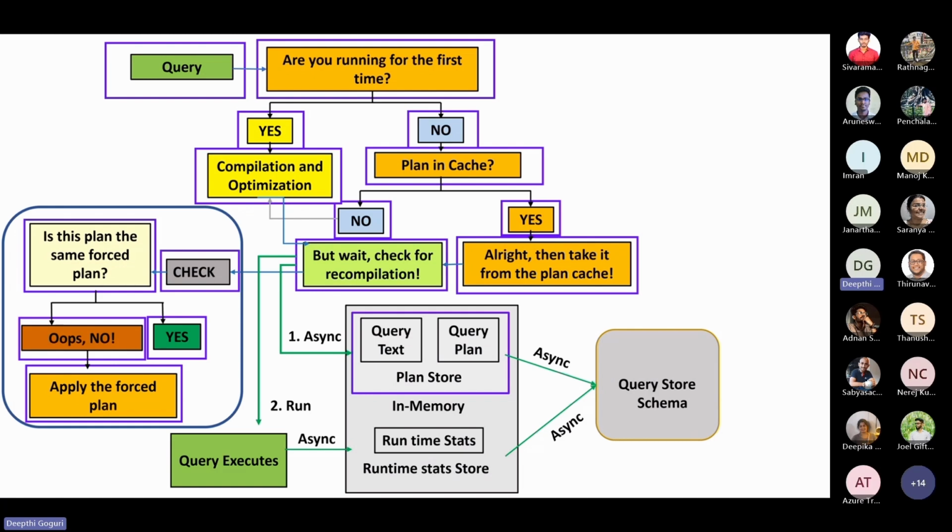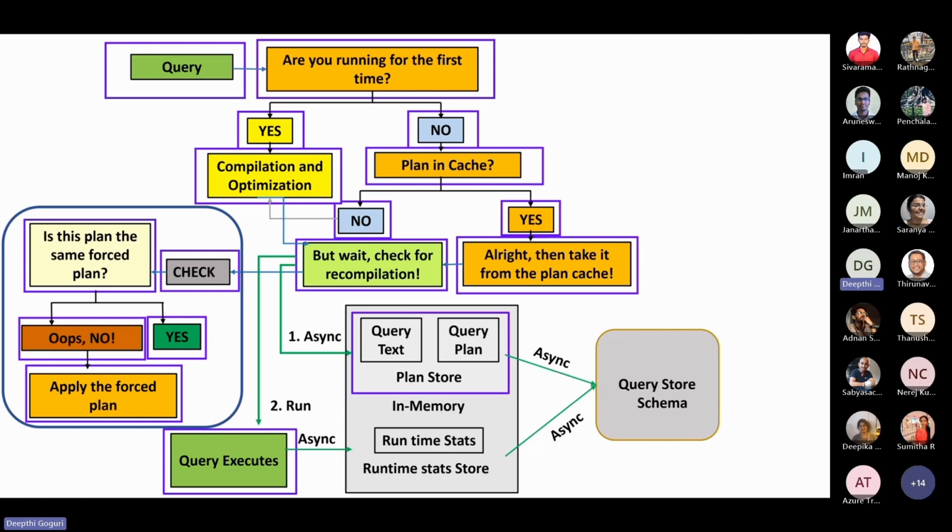Once that is saved, this whole process of saving the query text and query plan into the plan store happens asynchronously, meaning behind the scenes. After that, the query will go to the execution phase.